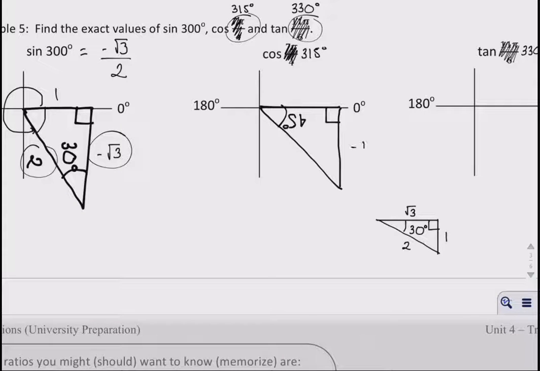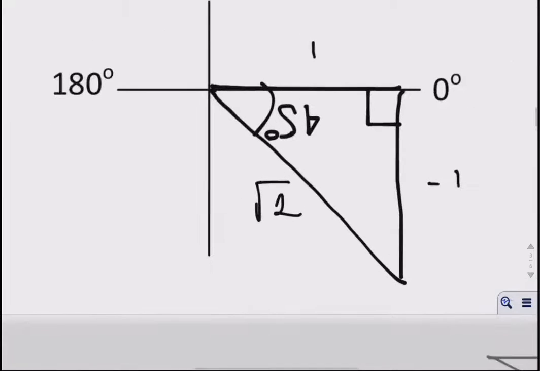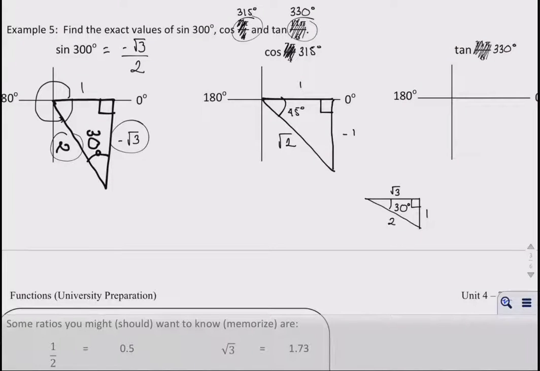I get negative 1, 1, and root 2. And this 45 degrees, I'll just turn it upside down so that it faces right side up. And I'm looking at cosine. So cosine of 315, which is this angle, is the same as the cos of the reference, which is 45, and cos of 45 is 1 over root 2, adjacent over hypotenuse.